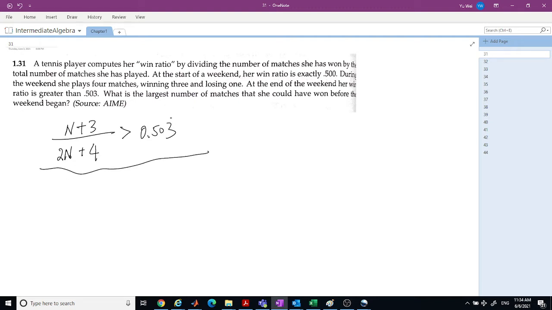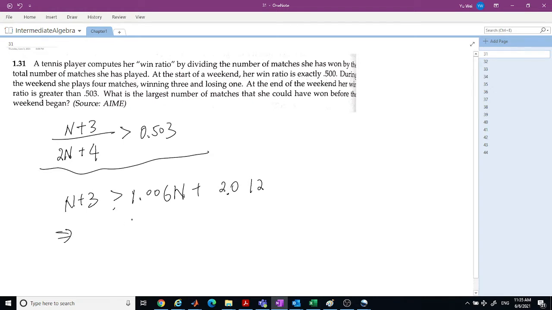So we want to solve this equation, right? So the equation, let's expand, is n plus 3 is greater than 1.006n plus 2.012.